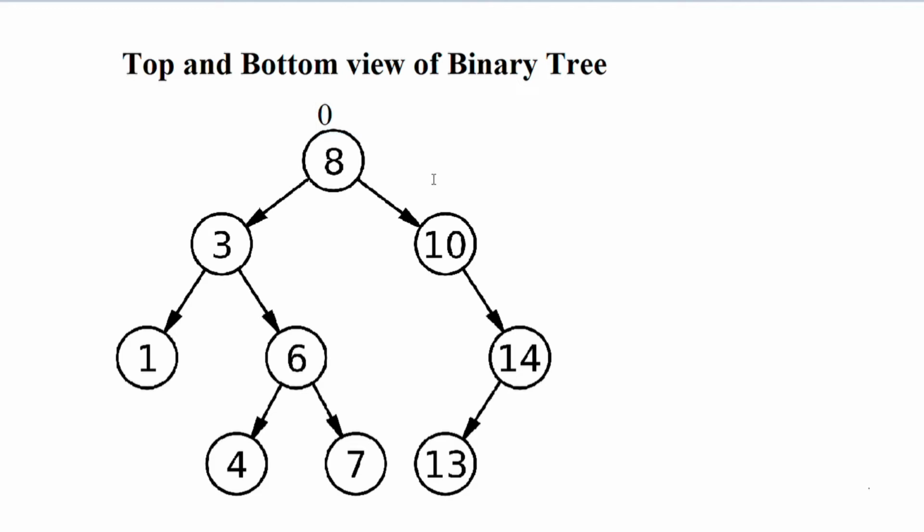After that, when I move to the left side, I decrease the horizontal distance by 1. So the node 3 is minus 1. Minus 1 indicates that it's on the left side of the root node. It tells me that this is 1 distance away from the root node on the left.